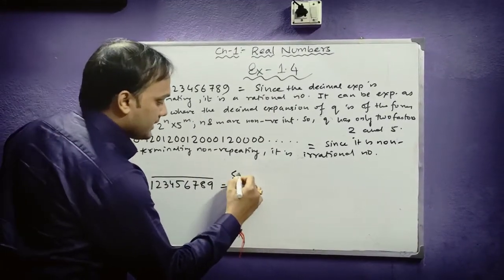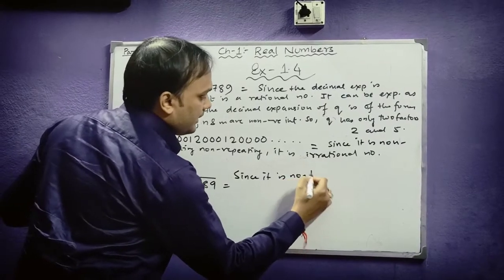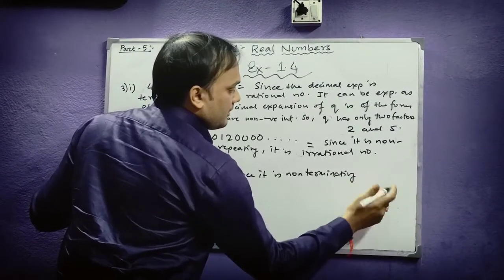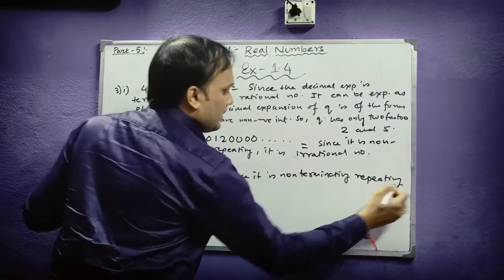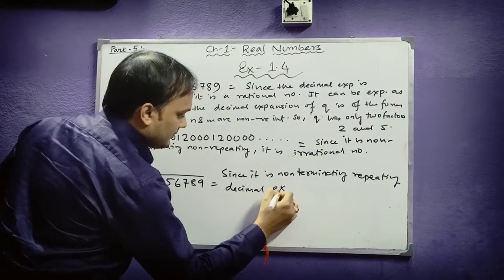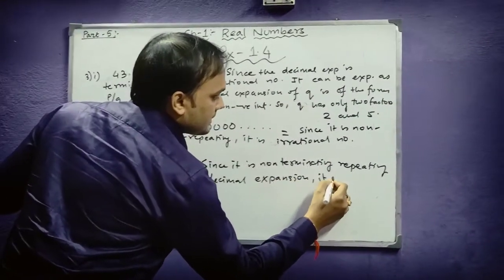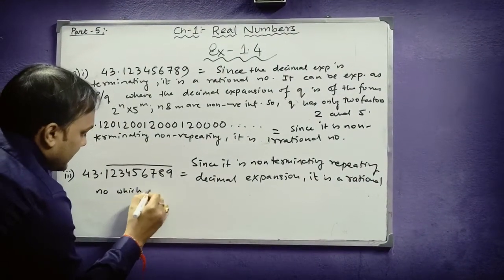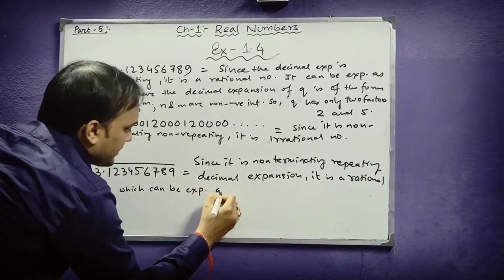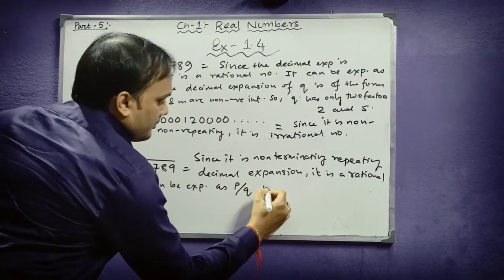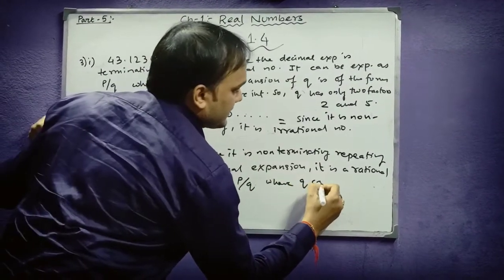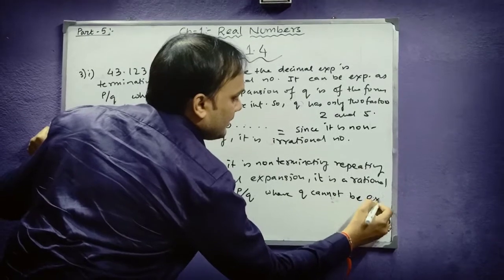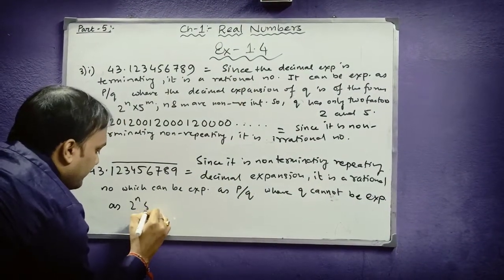So we can write here that since it is a non-terminating repeating decimal expansion, it is a rational number which can be expressed as P by Q, where Q cannot be expressed as 2 to the power n, 5 to the power m.